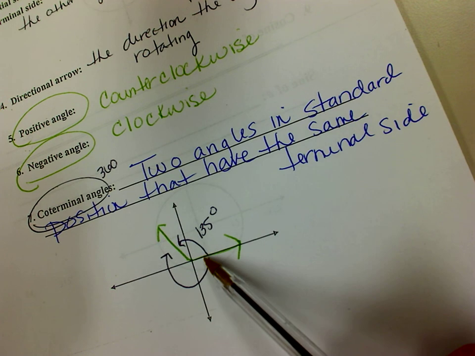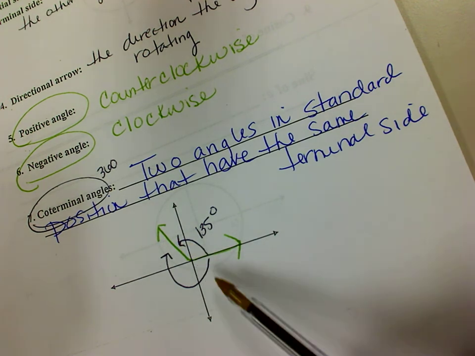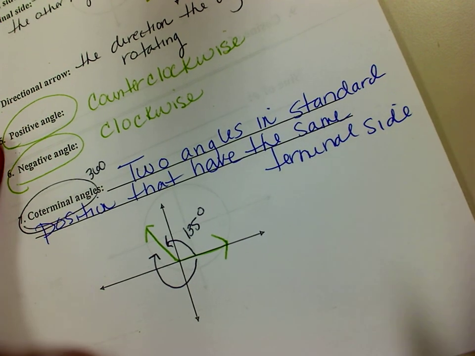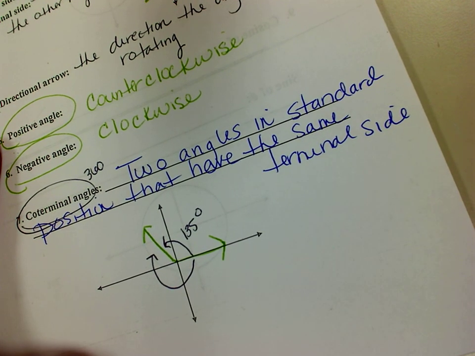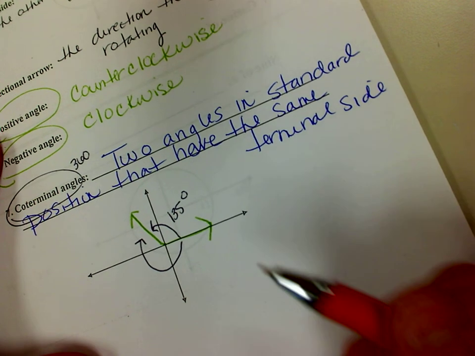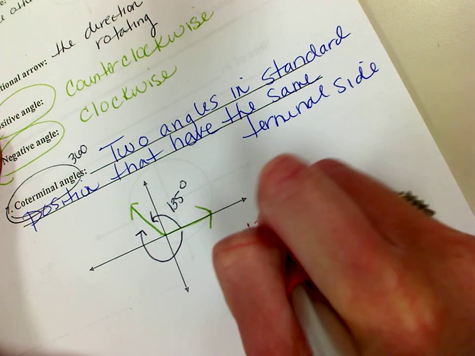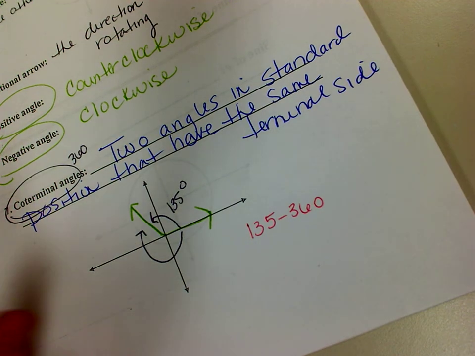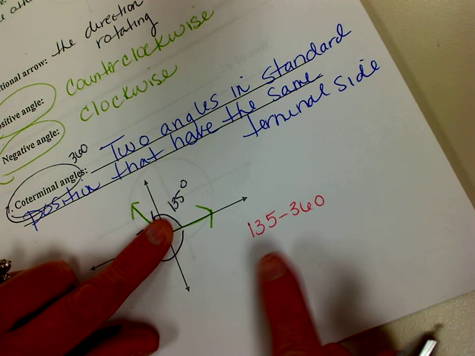So I know this one's positive because I'm going counterclockwise. I know this one has to be negative. So to find that, you take the angle that I'm giving you, which is 135, and you are going to subtract 360 from it. So if I give you a positive angle, you subtract 360.